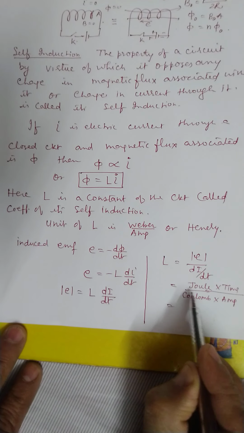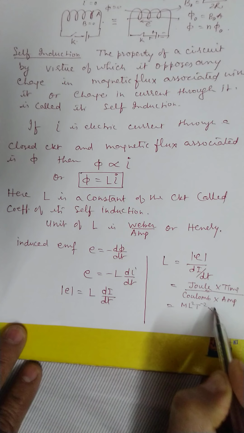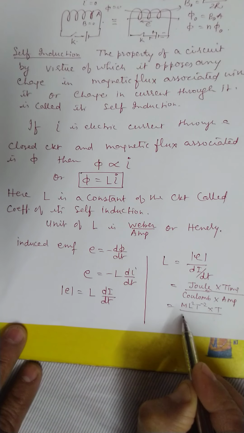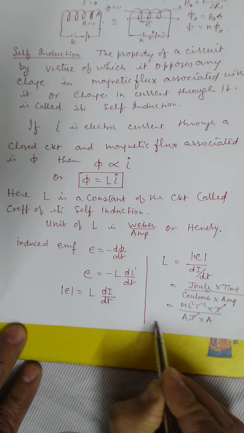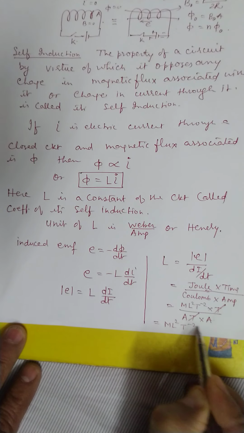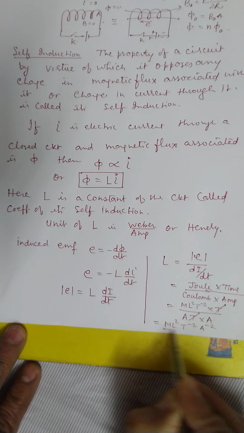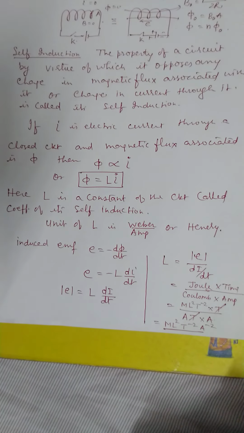What is the dimensional formula of joule? ML^2 T^-2. Into time T. Coulomb is ampere into time, into ampere. So I am left with ML^2 T^-2 A^-2 as the dimensional formula of the self-induction coefficient.